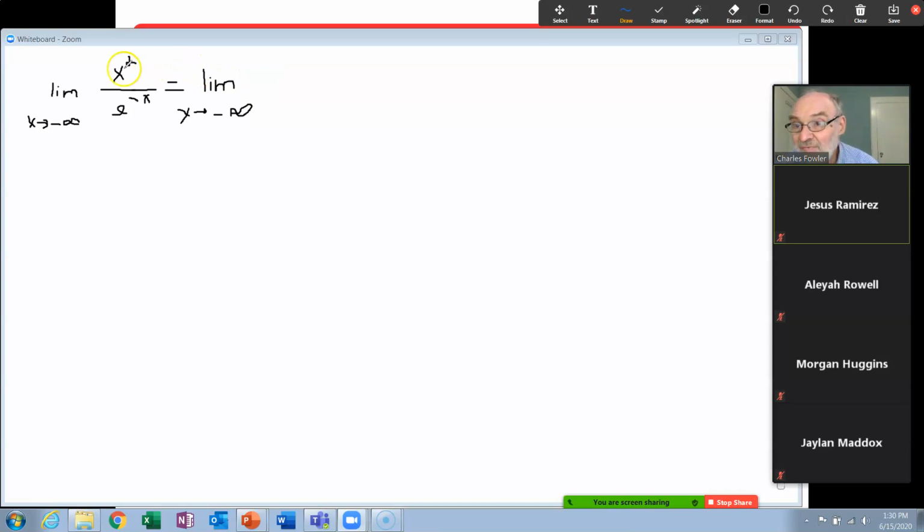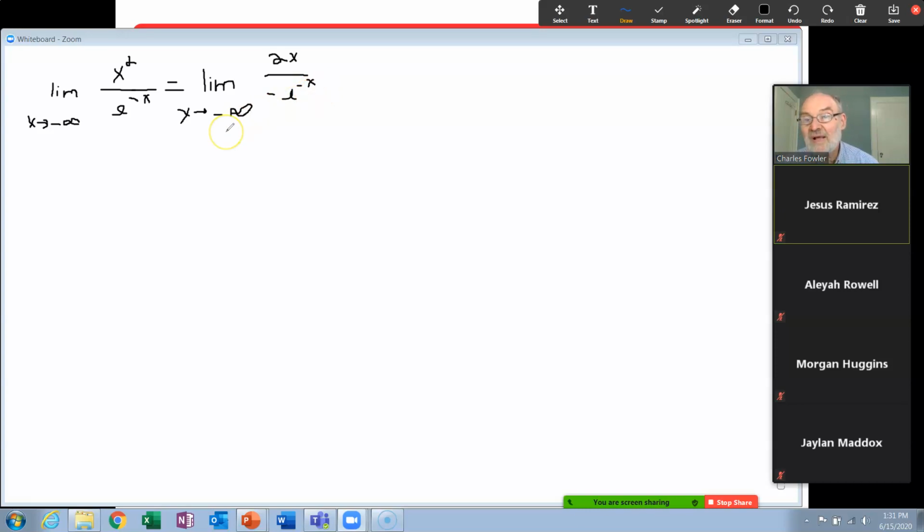So let's take the derivative of the numerator. What is the derivative of the numerator? Anybody? Derivative of x squared is 2x. Well, let's take the derivative of the denominator. Derivative of an exponential function is the same exponential function, e to the minus x, but the chain rule says you put another minus in front.